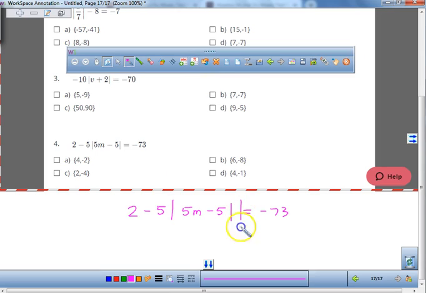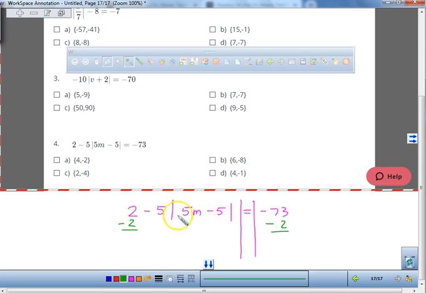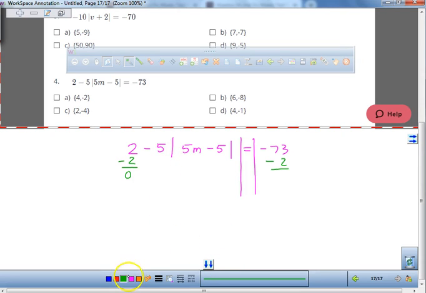But you know what you are allowed to do? Subtract 2 here and subtract 2 here. Because this -5 is being multiplied to that absolute value, I got to save it for later. So what happens? That zeroes out. What do I have left? -5 times the absolute value of 5m minus 5.